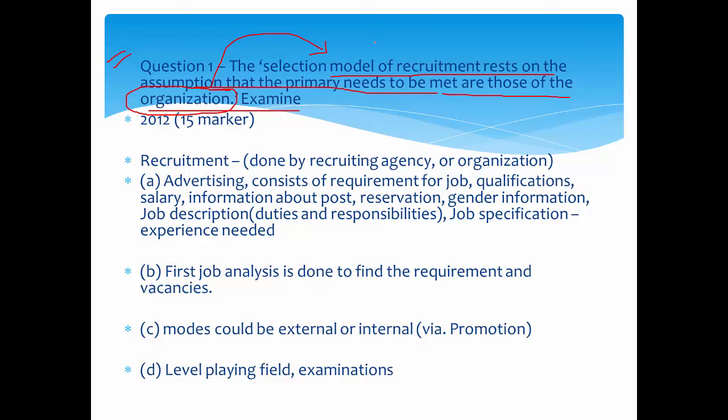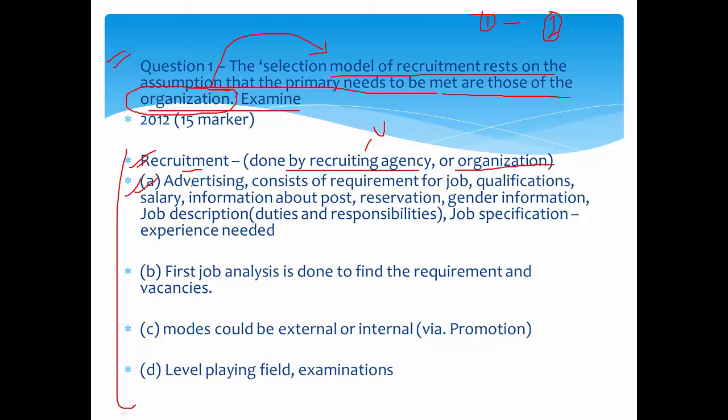For answering this question, you should first know what the requirements of the organization are, say for example a public organization, what it needs. And second, what are the methods through which we can recruit good employees for those purposes. Recruitment is done by recruiting agencies, say UPSC or SSC, or any organization directly.